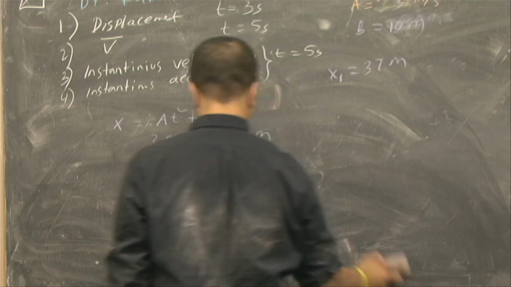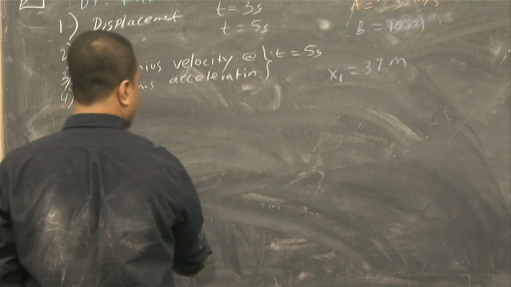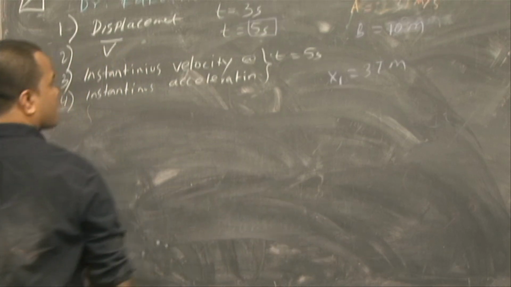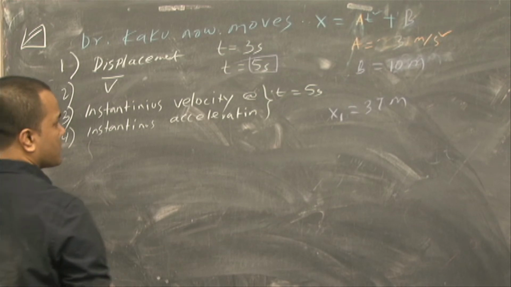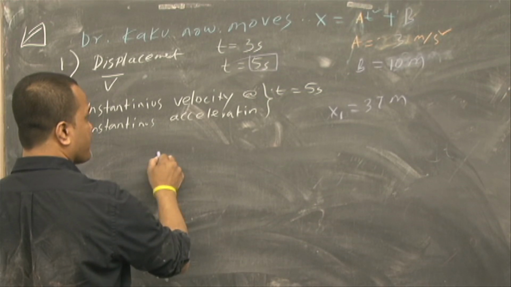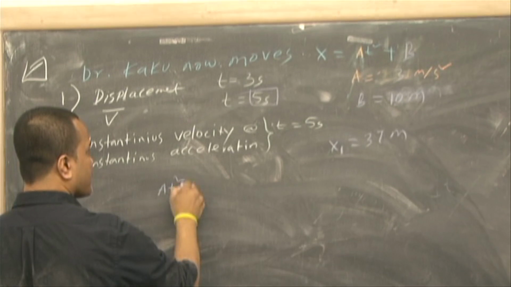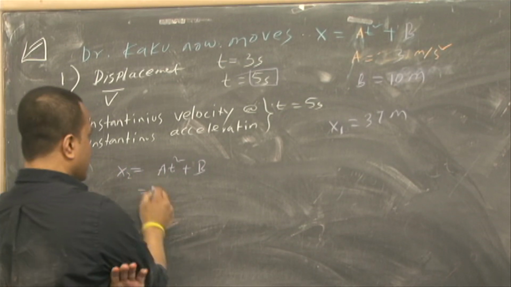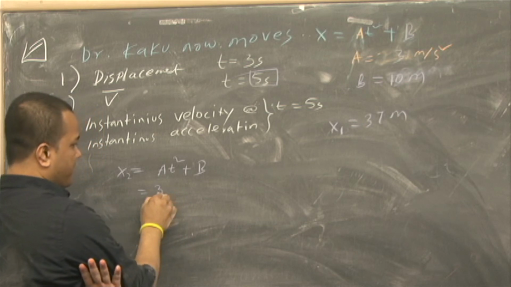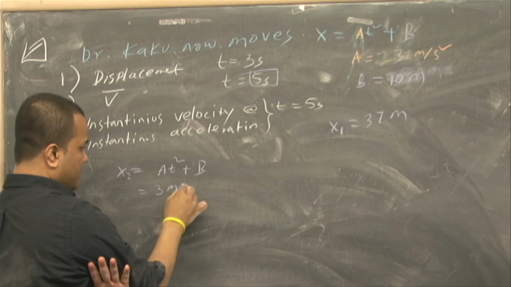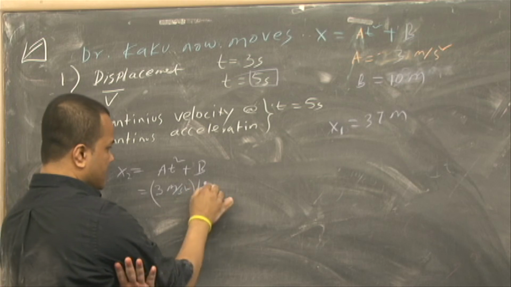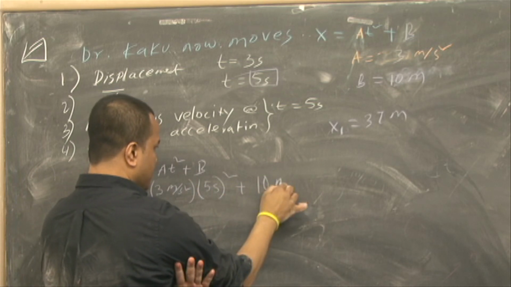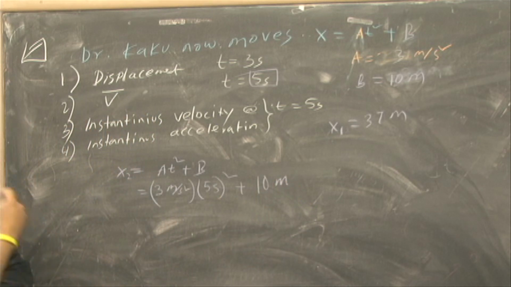So let's see x2. X2 is, we have to plug in 5 now instead of 3. So x2 is a t squared plus b. So a is 3 meter per second square, t is 5 second, square it, plus b is 10 meters.